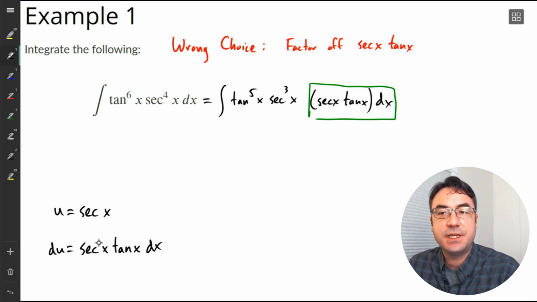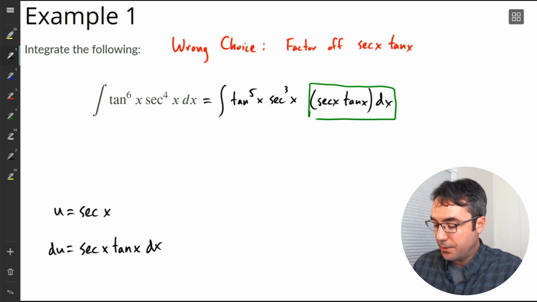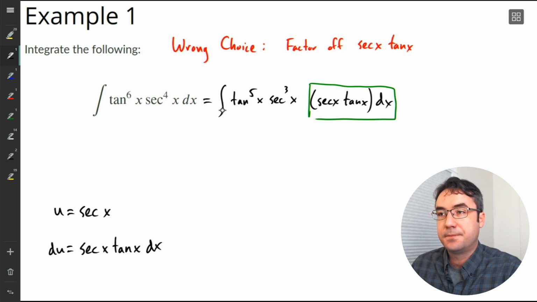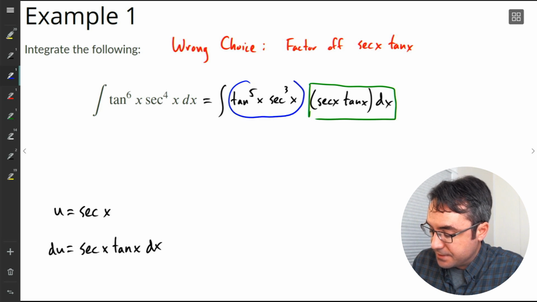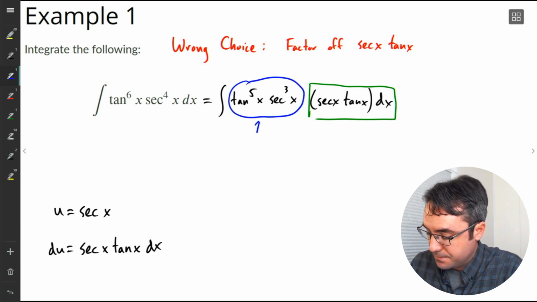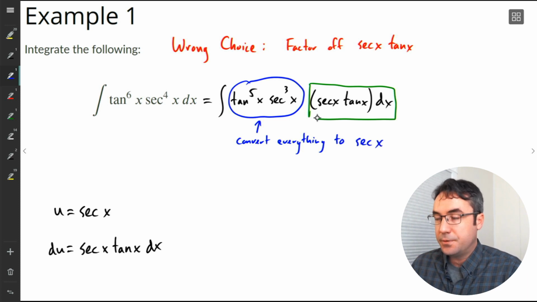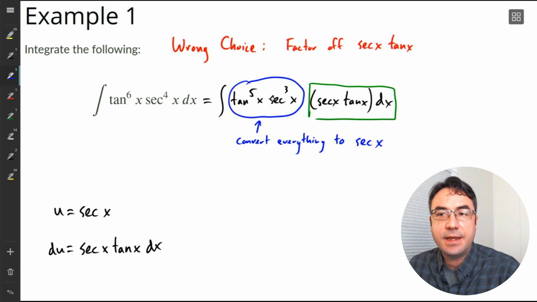So the derivative of secant is secant times tangent. So going up to our integral here, what's going to happen? Well, we have to convert everything here into secants. So the secant cubed is fine. That's already a secant term.